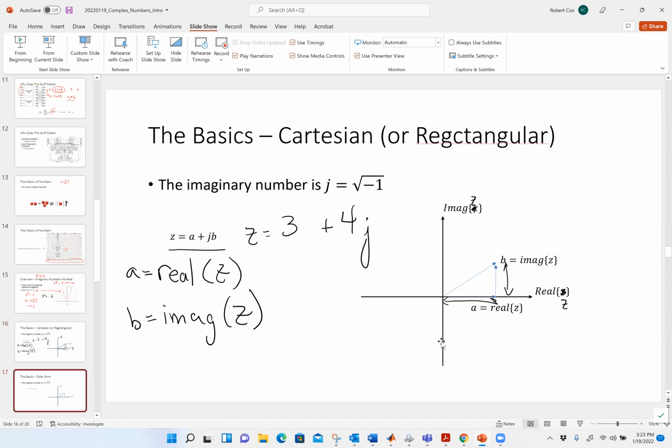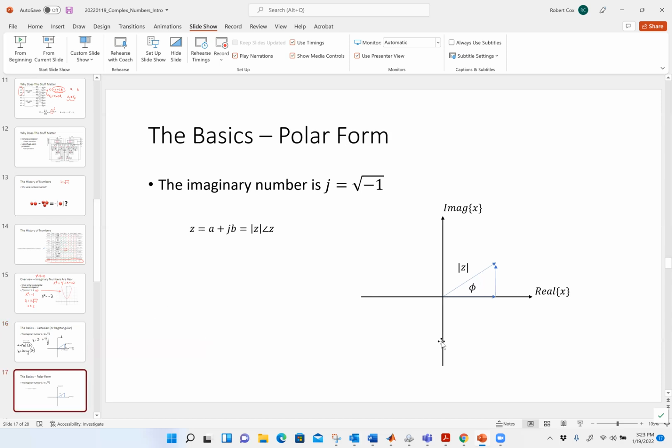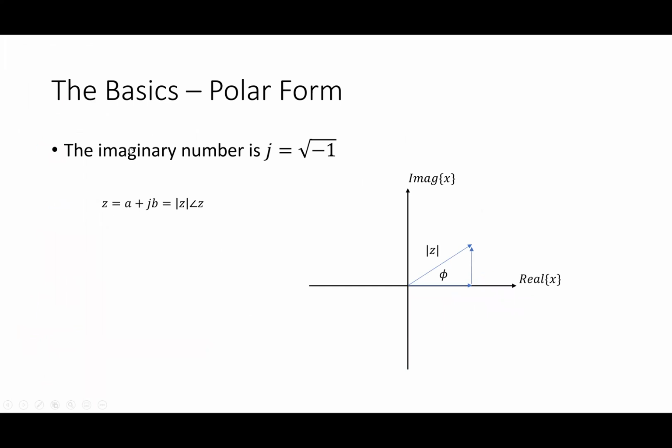The other thing we do is that there are multiple different forms of complex numbers. We can also write these in what we call polar form. In polar form, we express this not just as a real and imaginary part, but as a magnitude and an angle.